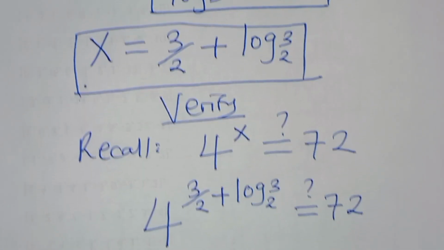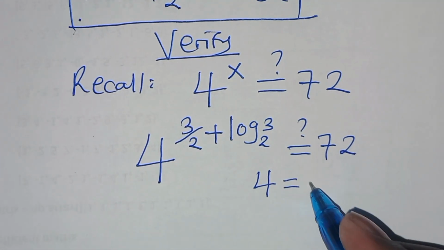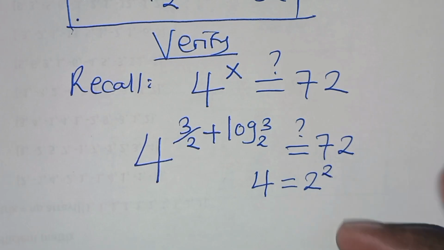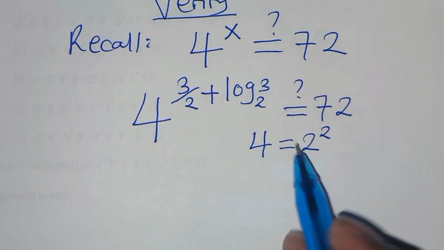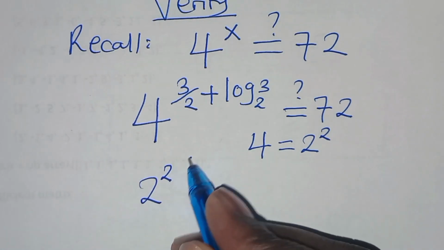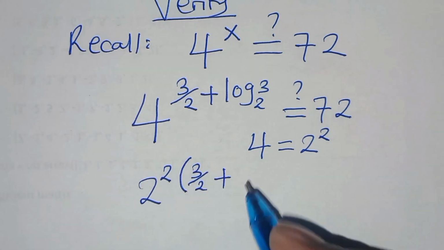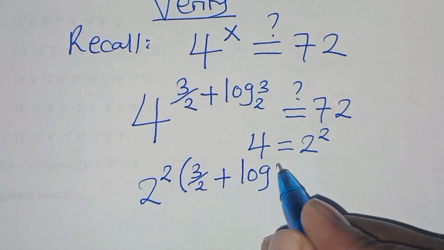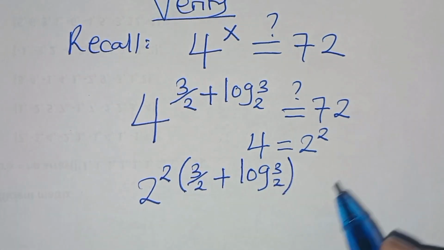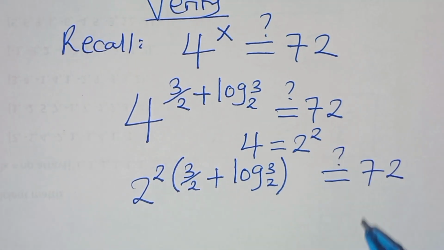We can express 4 as 2 to power 2. Substituting this, we'll have 2 to power 2 times x, which is 3 over 2 plus log 3 to base 2.